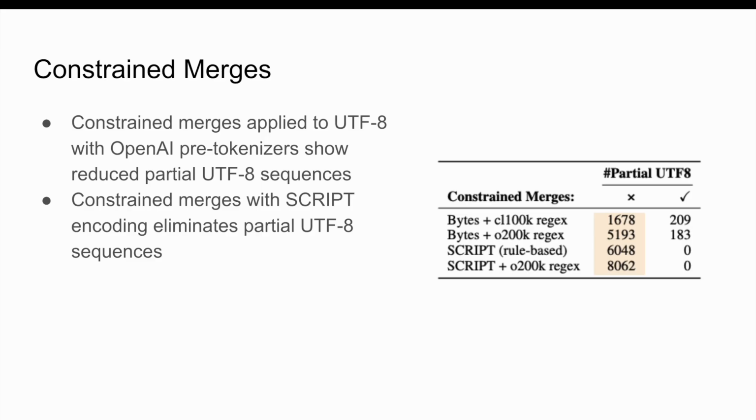But if we add the merge constraint and our script BPE, we completely eliminate partial UTF-8 sequences with our tokenizer. Though we'll note that the script encoding by itself doesn't solve this problem. It's the combination of the script encoding and these constrained merges that leads to the elimination of these partial UTF-8 sequences.